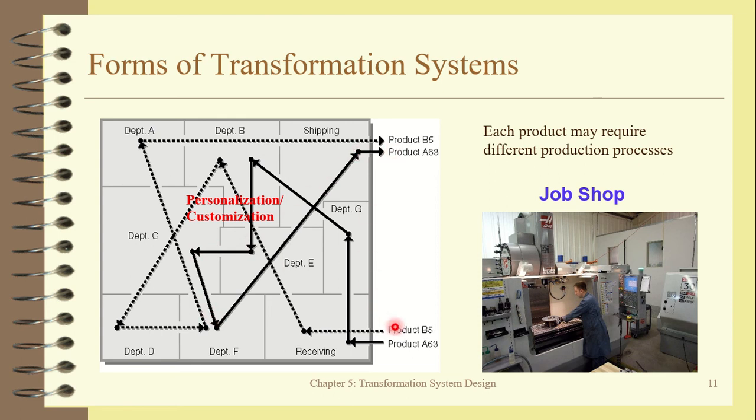And if you look at another product produced by the same factory, B5, you can see that the routing is different. Why? Because customers order different products. Customers want the manufacturer to produce different kinds of products, and different kinds of products need different kinds of processes. Therefore, the routing of the product may be different for the job shop.